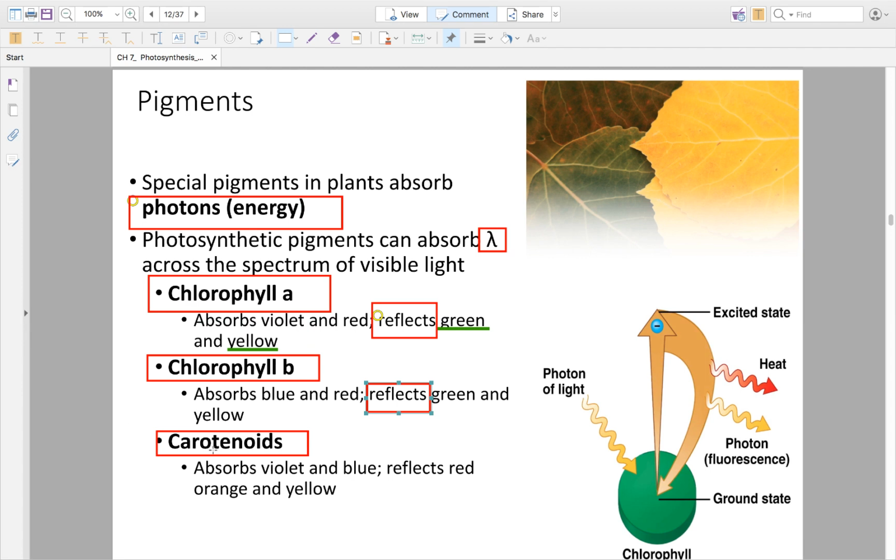Now what's interesting is carotenoids. These are a classification of pigments, and they can absorb violet and blue light, reflecting yellow and orange. A carrot is what color? Orange, of course. That term comes from this pigment, carotenoids.